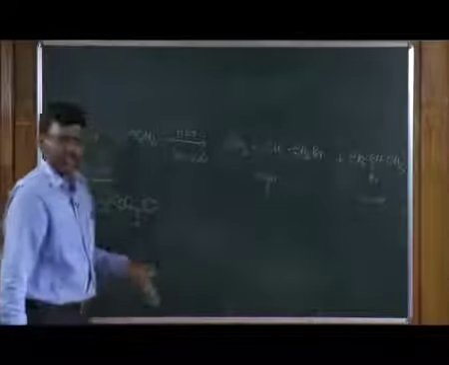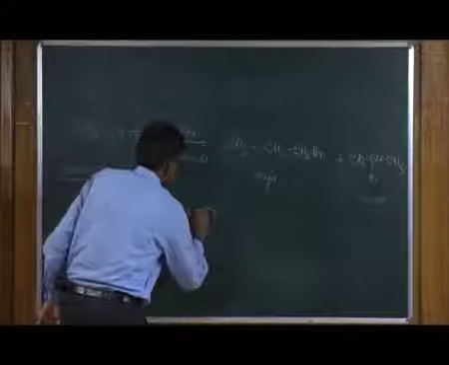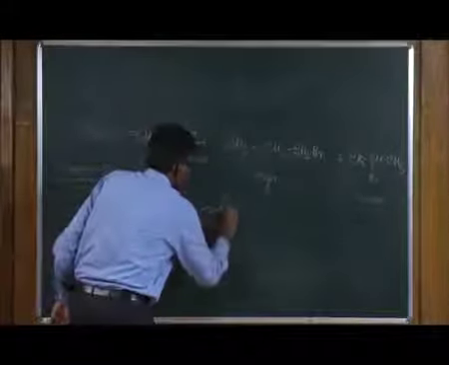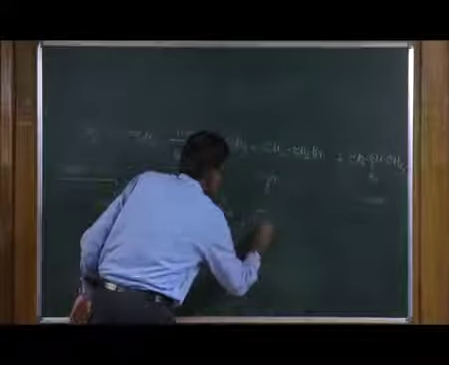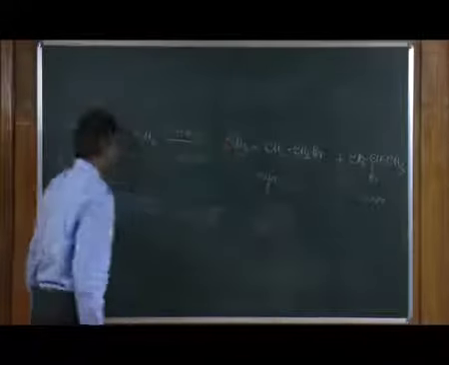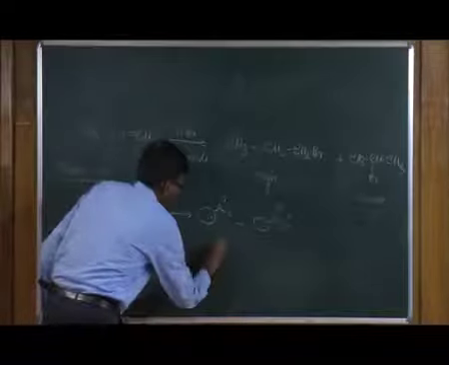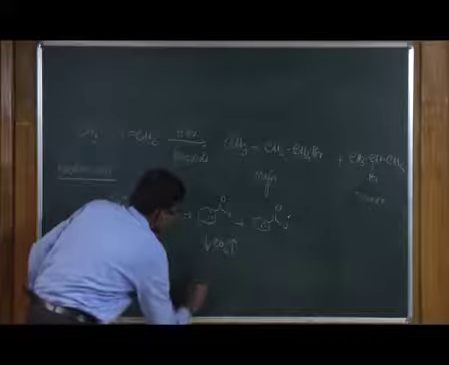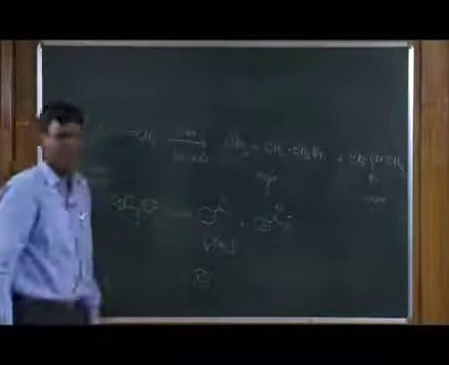The presence of light also can make it undergo homolysis to give radicals. This can lose carbon dioxide, and you get the phenyl radical, two molecules of phenyl radical.